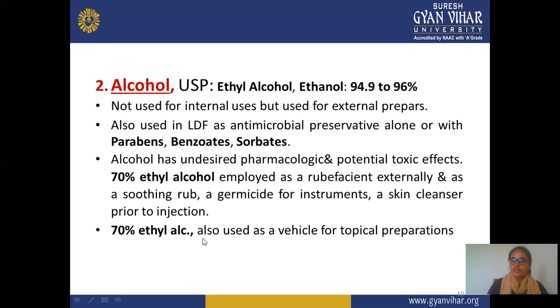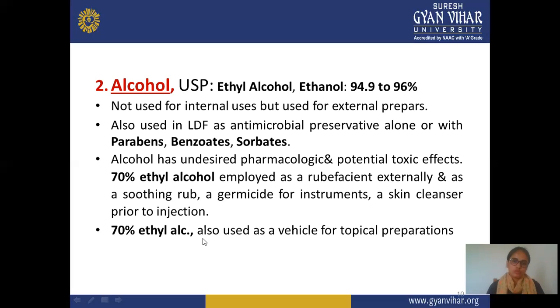It provides a lubrication effect as well as a soothing effect when you apply it externally, and it acts as a germicide for instruments, removing bacteria or microbes from that particular instrument before starting the procedure.